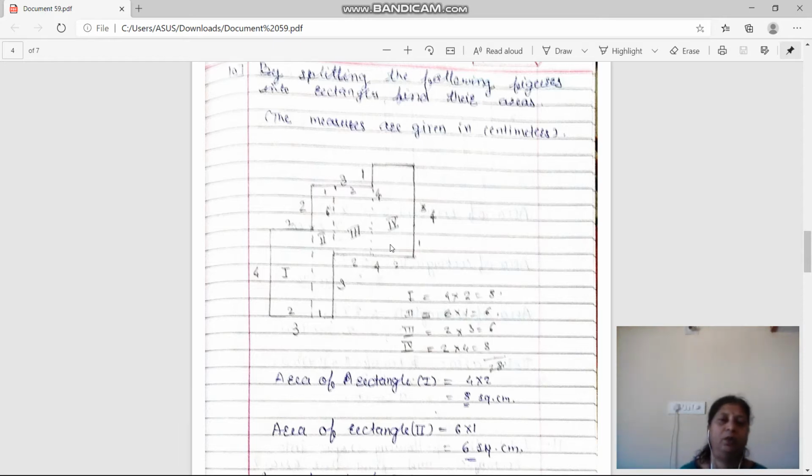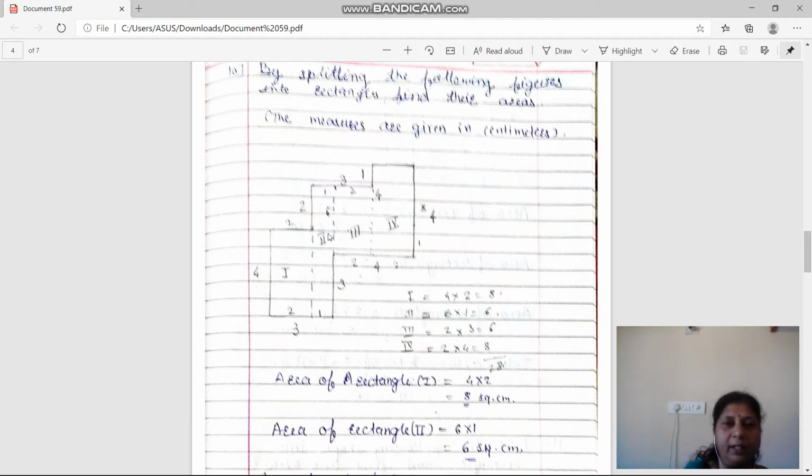Now first of all understand how I calculate the dimensions. See here, this length is given 4, right? Now up to this it is 3, that means up to this it is 1. And from this to this point it is 1.